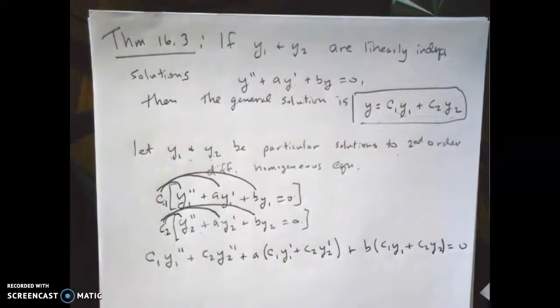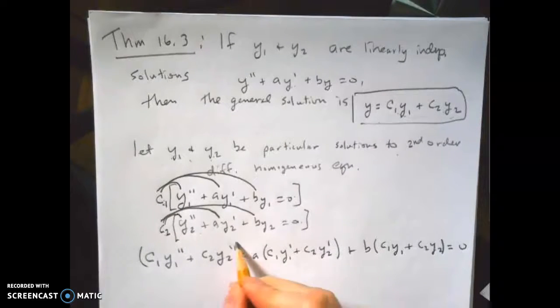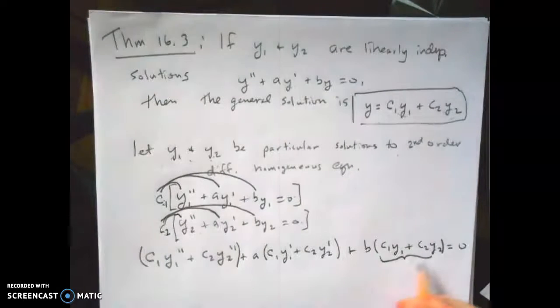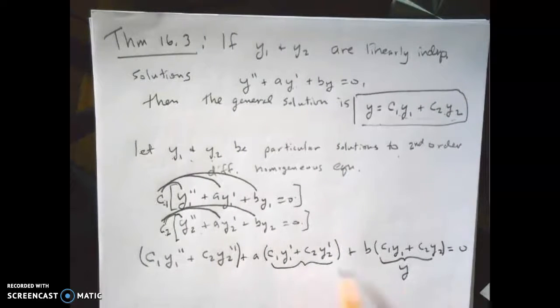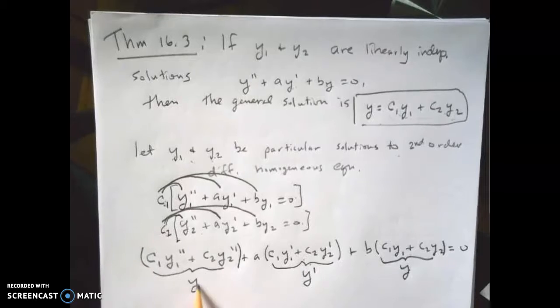Okay, now if you'll notice, look at what we have here. If we call this thing y, then y prime would be this, by the rules of derivatives. The derivative of this would just be this. That would be y prime. And the derivative of this would be this. So this would be y double prime.